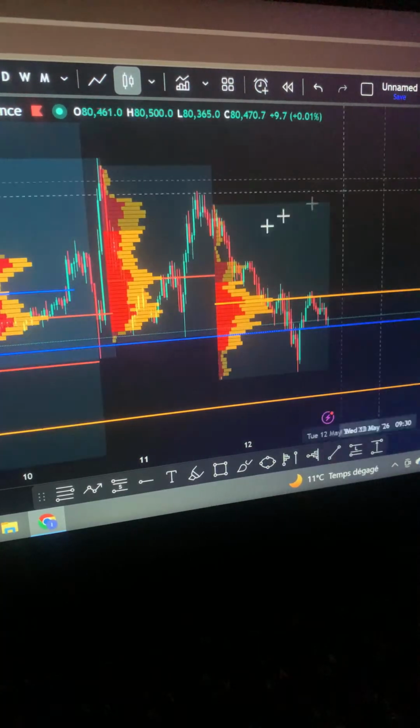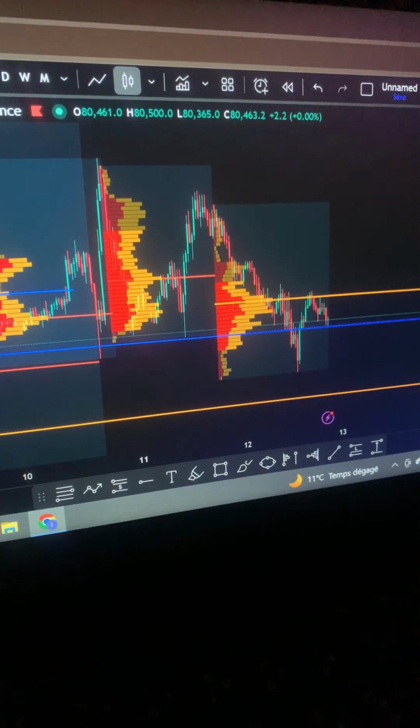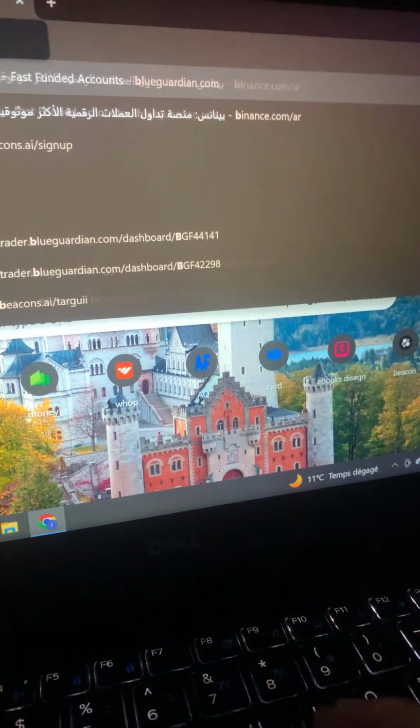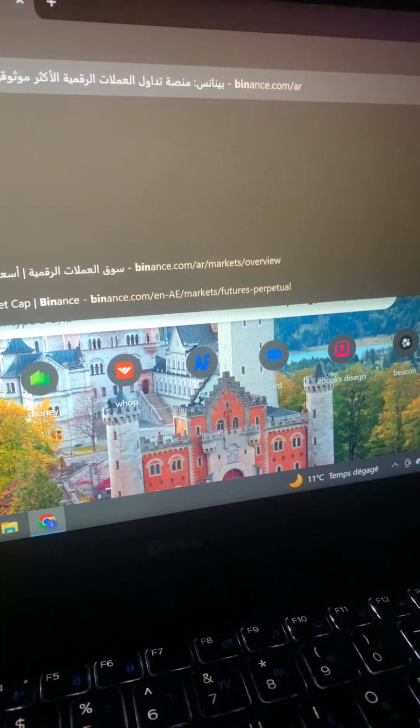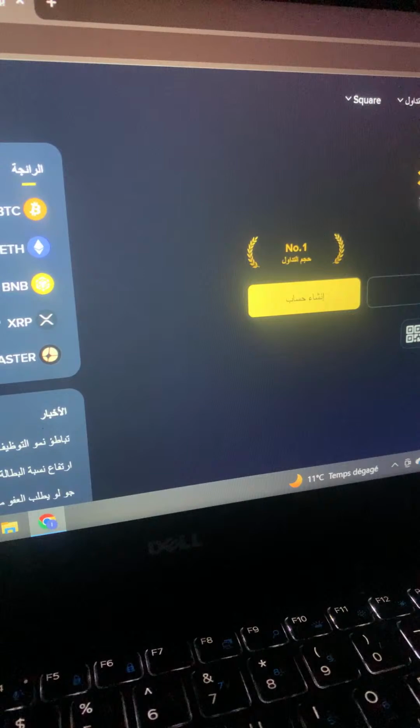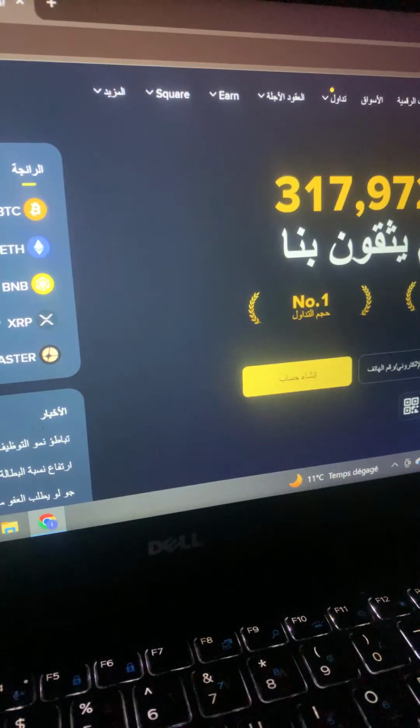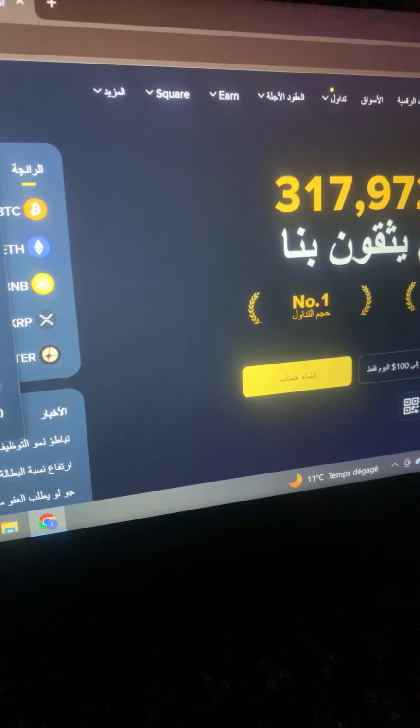For the sake of clarity, I'm going to go to Binance, for example. Why? Because Binance actually gives you, let me just change the language.